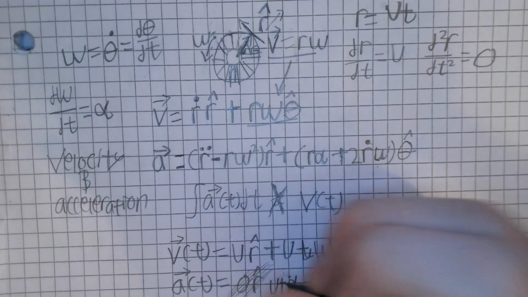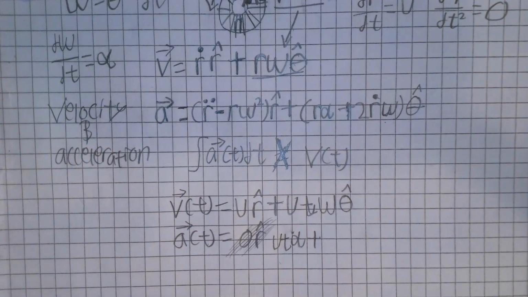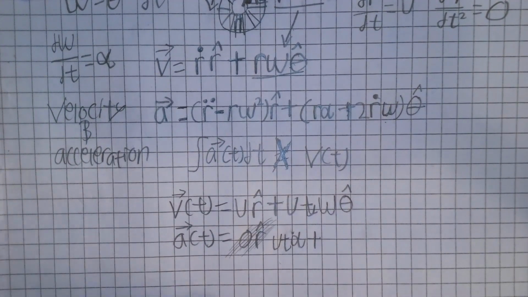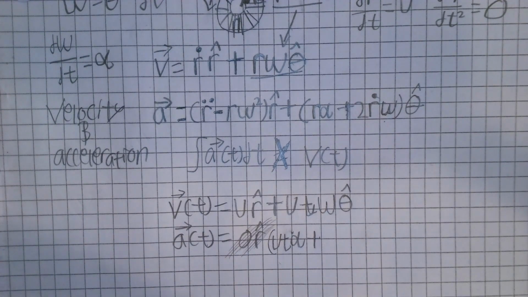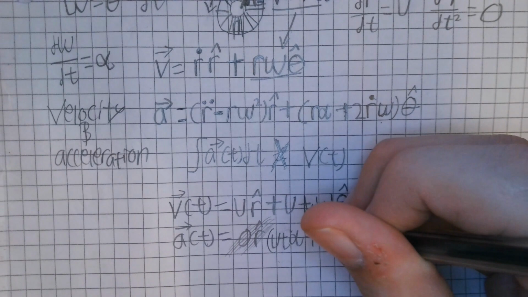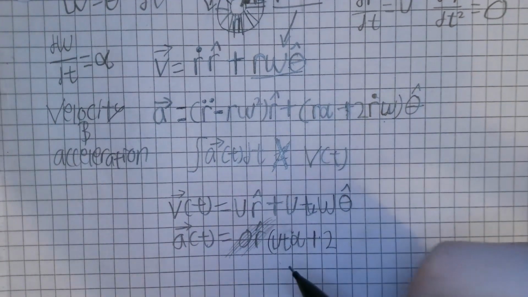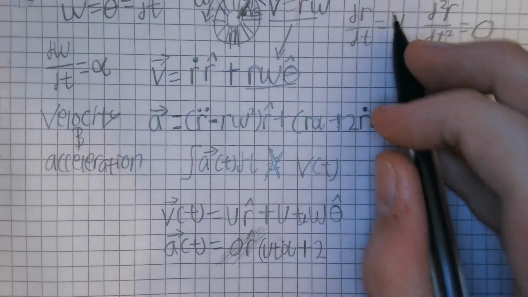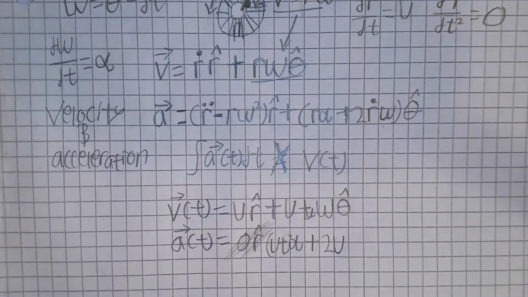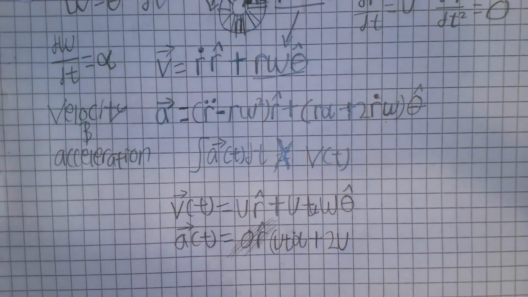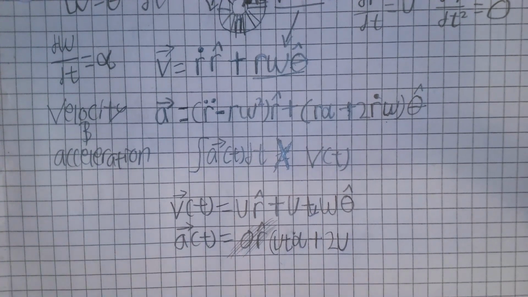That's my bad. I'm going to put a parenthesis there because we're going to have more to write in this. So plus 2, first derivative of r, it's just u with respect to time. I always forget to say with respect to time. Sometimes my brain thinks and my mouth just does not translate everything.